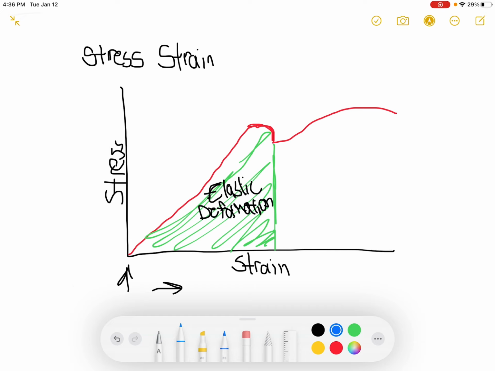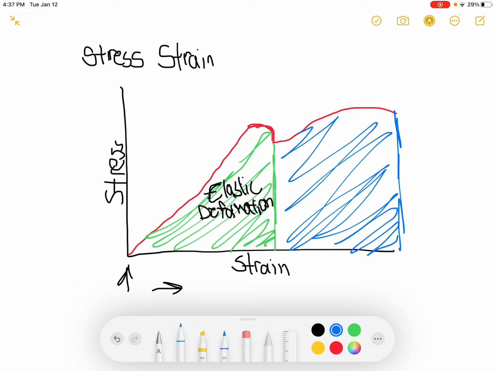So that's elastic deformation. And then the part where it's mostly just going to the right until it fails is called the plastic deformation. So, that's what we have so far. Now we have some points to label.